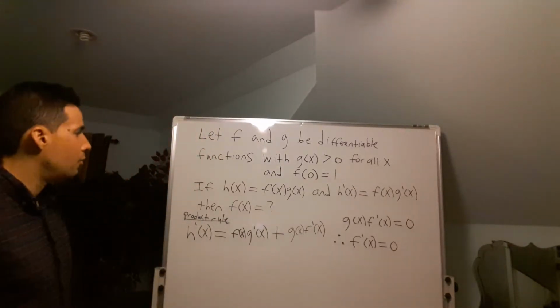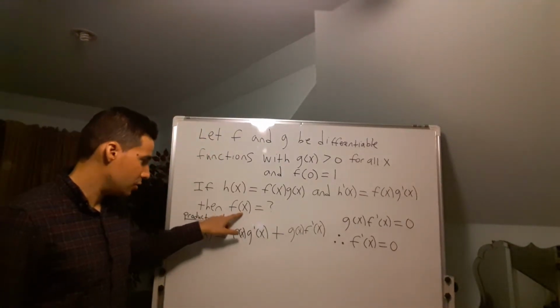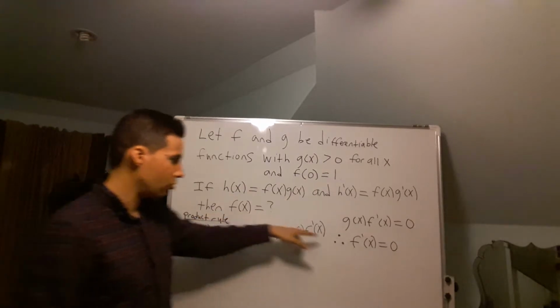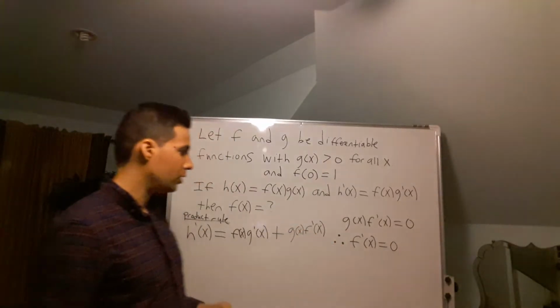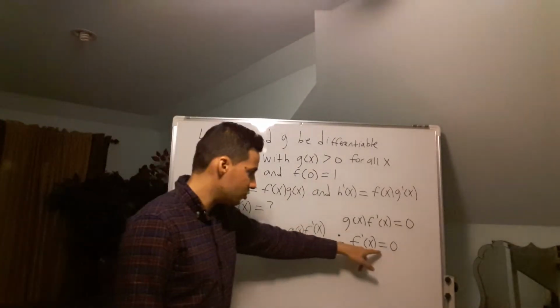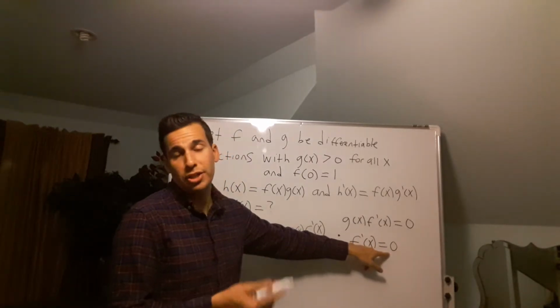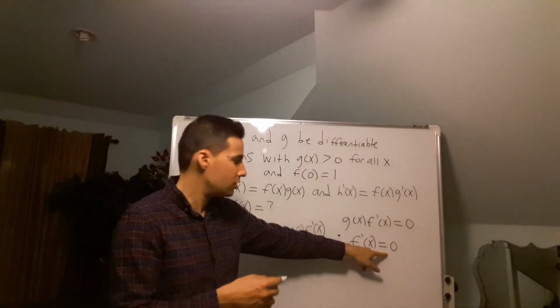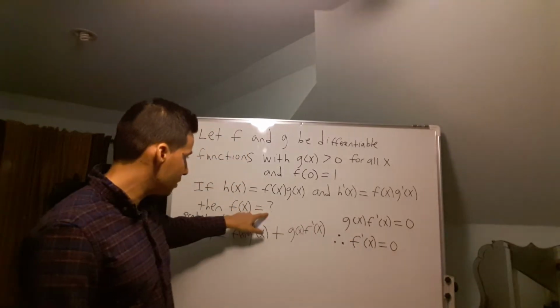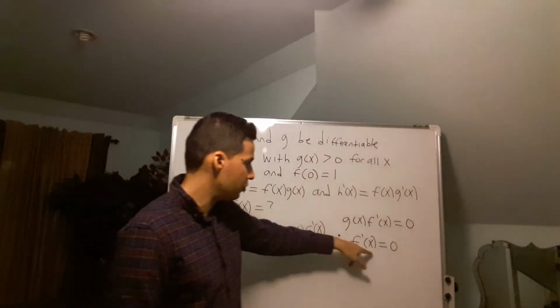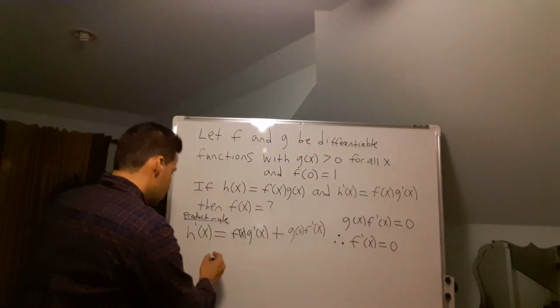Okay? Now, we wanted to figure out what f of x is equal to. So now this is the integral of f prime of x. So let's take the integral. Well, the integral of 0 is going to be 0, but it actually could be any constant. So if this is a constant function, when you take its derivative, you're going to get 0. So let's just do it formally.